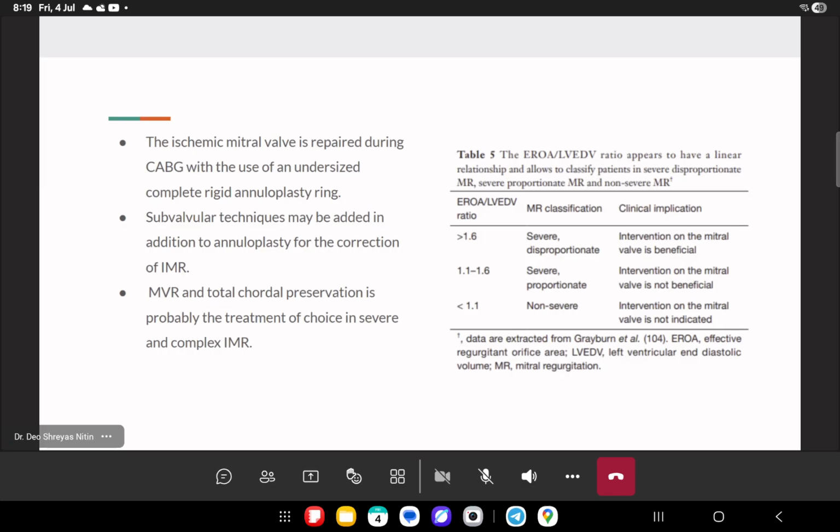If it is more than 1.6, the MR is classified as severe disproportionate, and the clinical implication is that intervention of the mitral valve will be beneficial. If it is 1.1 to 1.6, that is severe proportionate, intervention of the mitral valve may not be beneficial. And if it is less than 1.1, that is non-severe, intervention of the mitral valve is not indicated.